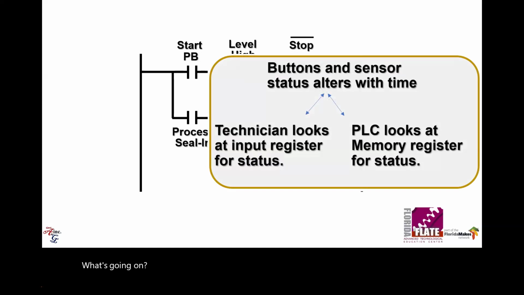The technician gets that information by looking at the input register of the PLC. You may not be able to predict what's going to happen inside the PLC, but there's always going to be an input register. The PLC, on the other side, doesn't care about anything at all because it works out of information that it stores in its own memory locations.